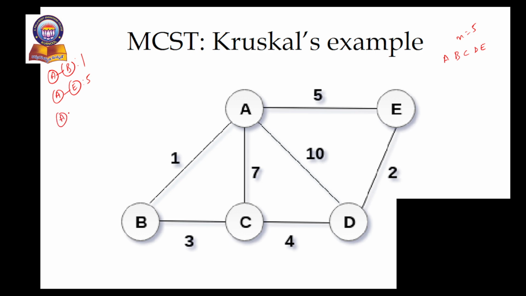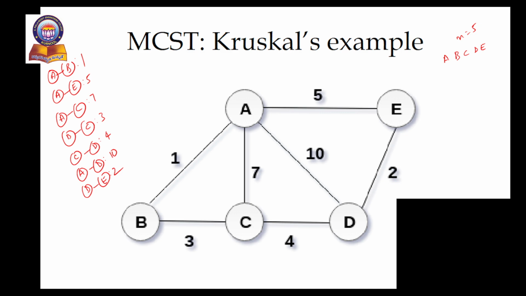From A, we can reach C with the edge cost equal to 7, and so on. B to C with the cost 3, C to D with the cost 4, A to D with the cost equal to 10, and D to E with the cost equal to 2.